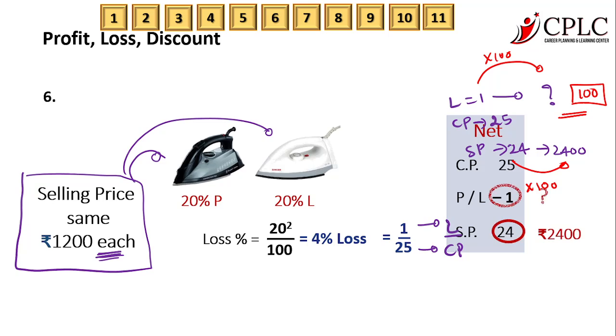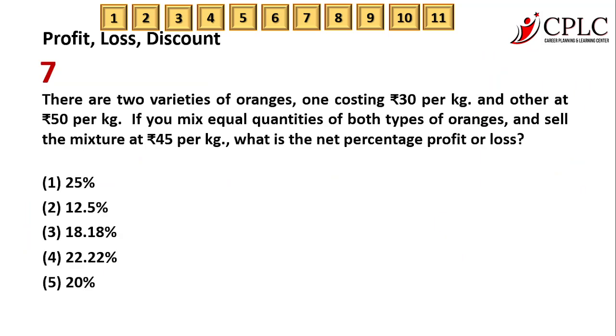Now let's talk about the next question, which says there are two varieties of oranges, one costing 30 rupees per kilo, other costing 50 rupees per kilo.